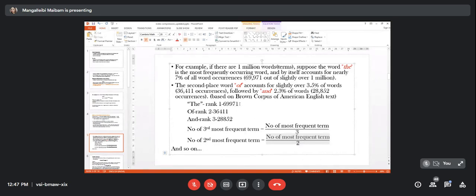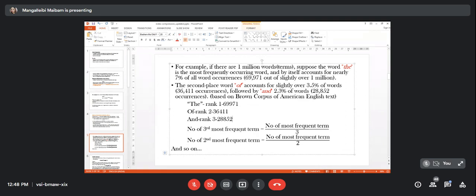If I want to find the third most frequent term, 28,852, it is 69,971 divided by 3, which gives a value in and around 28,000. So this is how we calculate the third most frequent term.